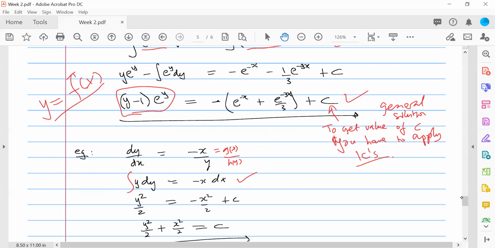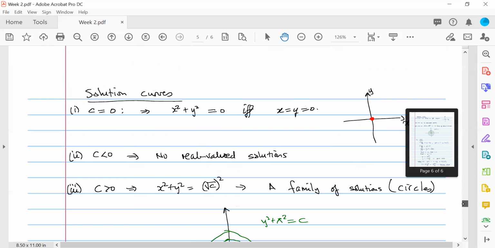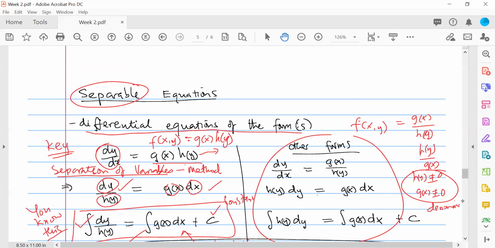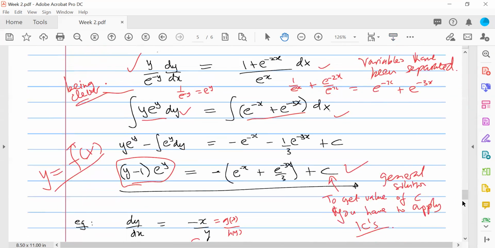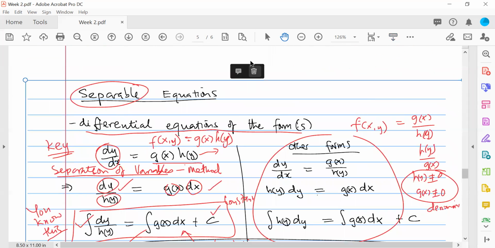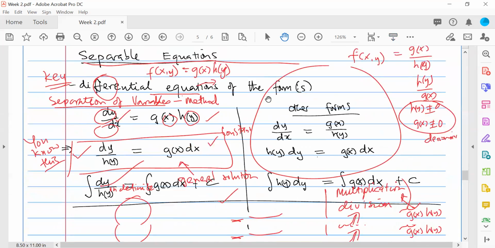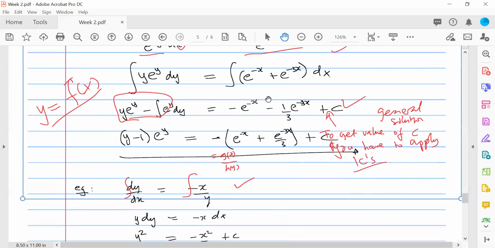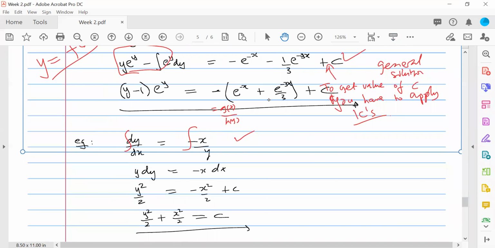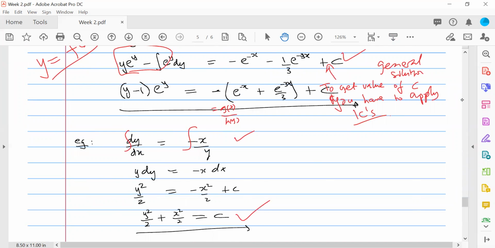And then you apply your integration and you get this interesting solution here.